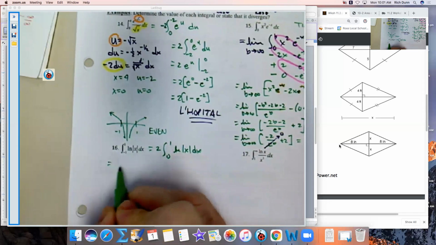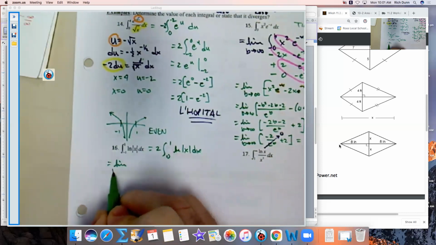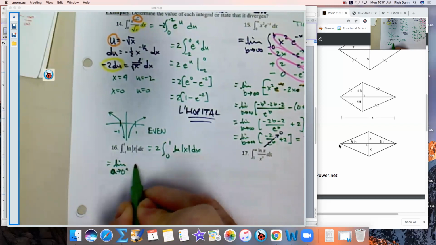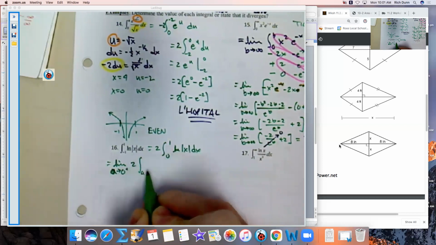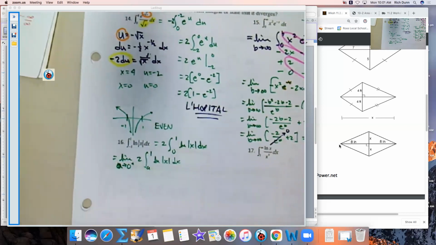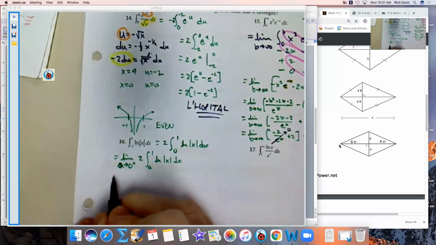So we've got to rewrite this with the limit as a goes to 0 from the right of 2 times the integral from a to 1, natural log of the absolute value of x dx. This one is one of our memorized antiderivatives.